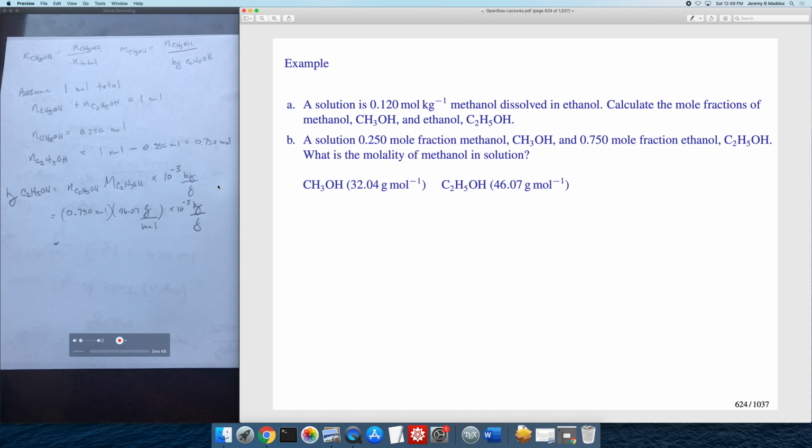kilograms. And so now we can calculate the molality of the methanol. It'll be the number of moles of methanol, which is 0.250, divided by the kilograms of ethanol.